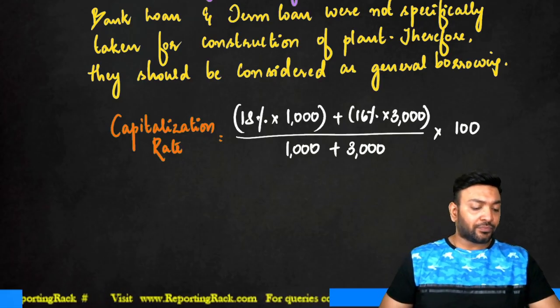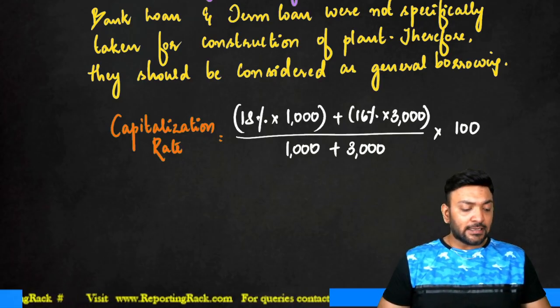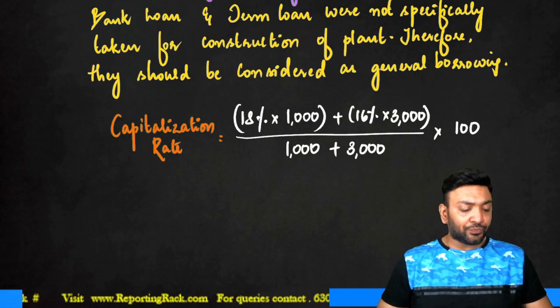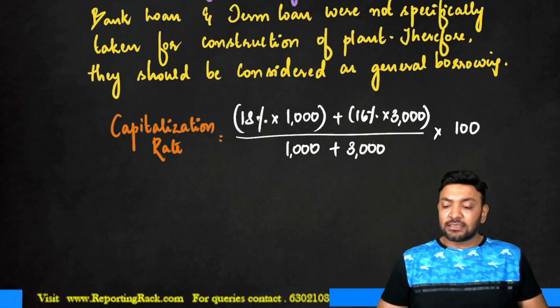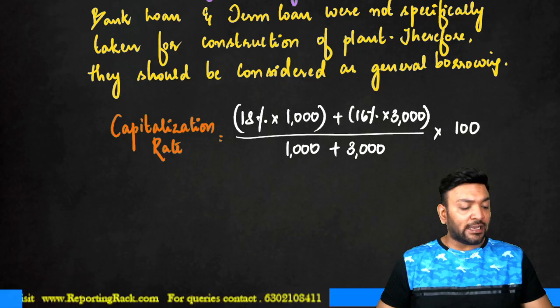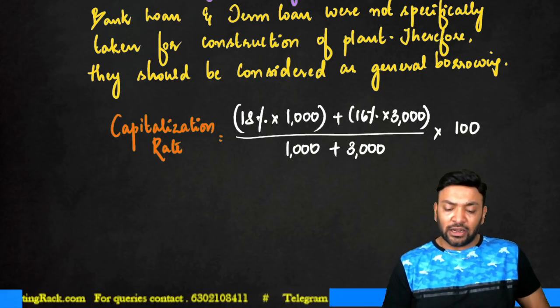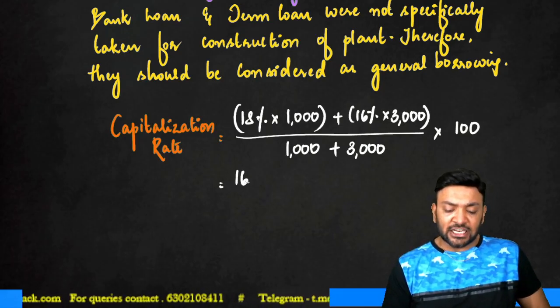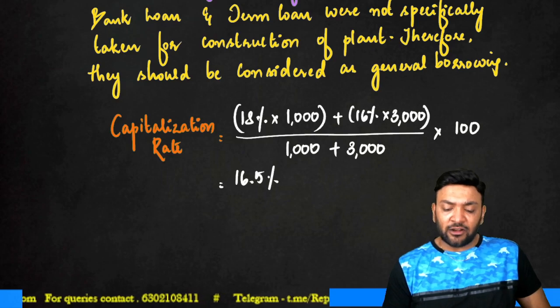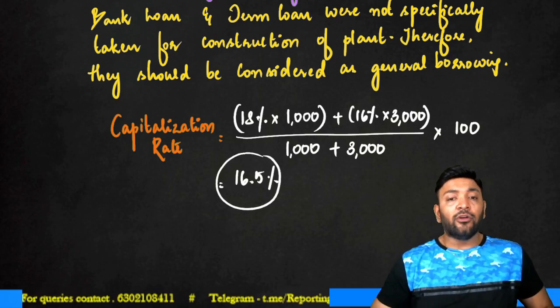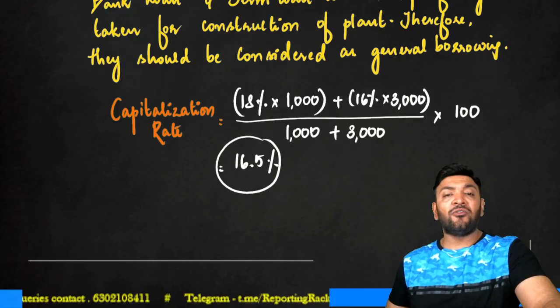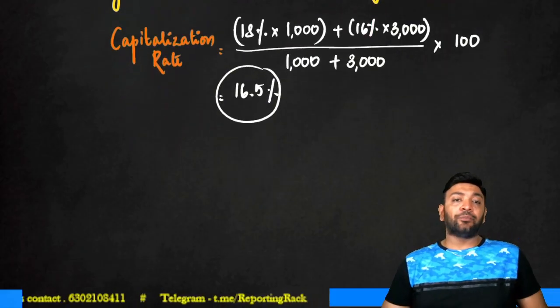Calculate, guys. How much is this? This is 180 plus 16% on 3000 is 480. Total interest is 660 divided by 4000 into 100 will give me a capitalization rate of 16.5%.